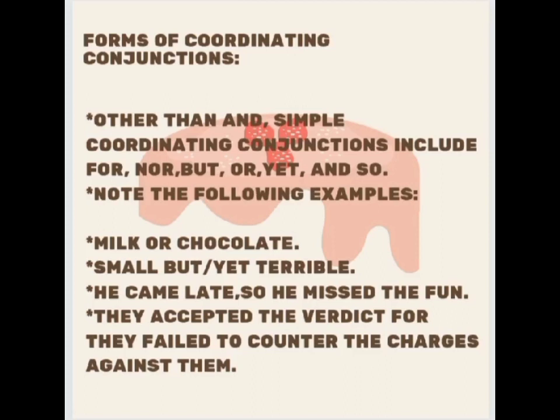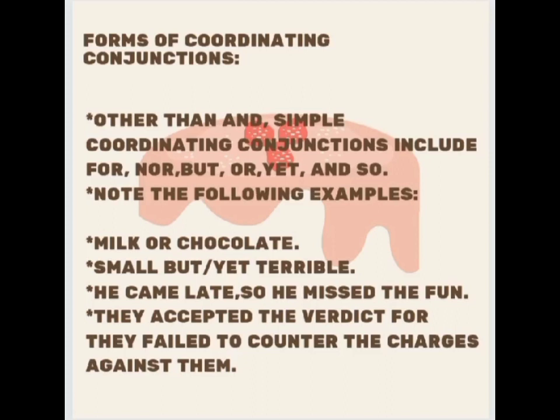For the coordinating conjunction so, we have the example, he came late so he missed the fun. The first clause, he came late, is his action, and the second clause, he missed the fun, is the result of his action. The coordinating conjunction so is used to join two independent clauses, introducing the second clause as the effect or result of the first clause.